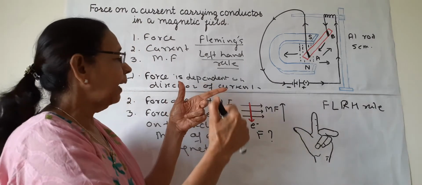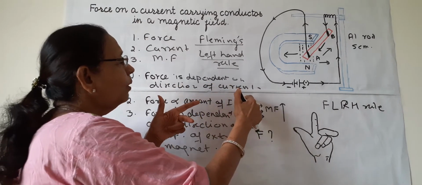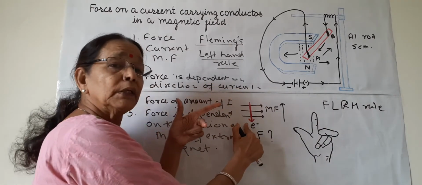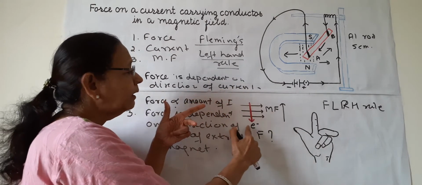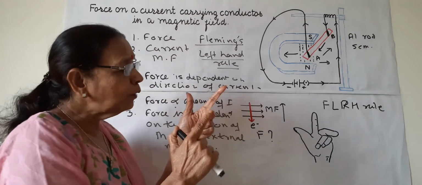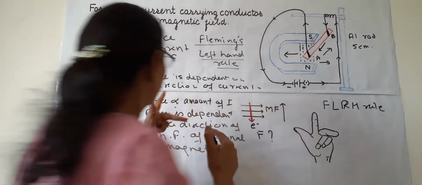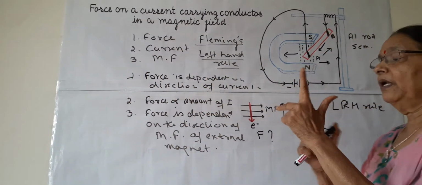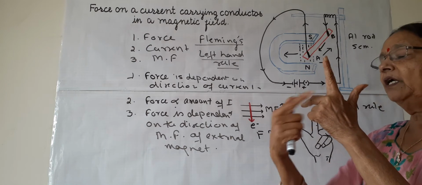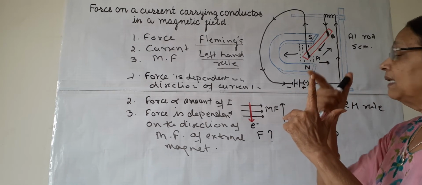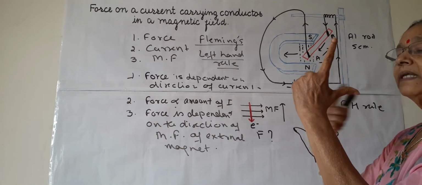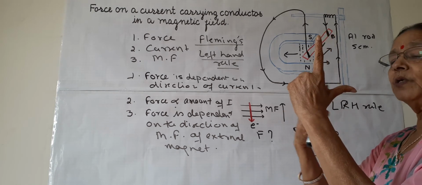So this is MF, and the electron was from north to south, but we have to take the current from south to north. So I will do like this. From south to north is the current. This is the field. What is the direction of the force?